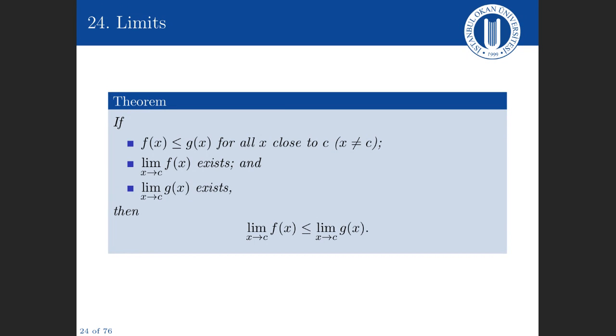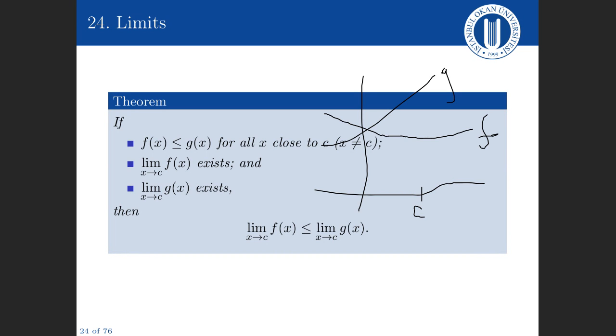A similar theorem. Let's suppose we have 2 functions. And let's suppose g is the bigger function. Here's g, and some other function f. And let's suppose that we know that close to c, g is bigger than f. Let's suppose that the limit as x tends to c of f and g exist.